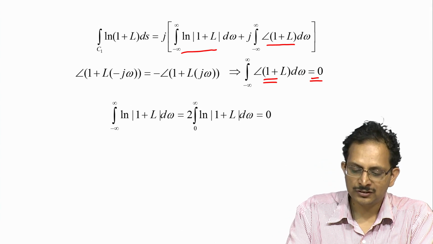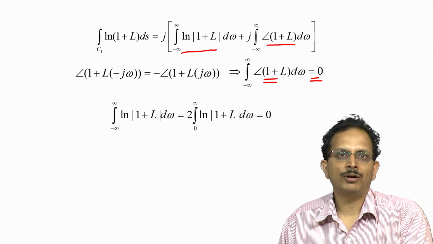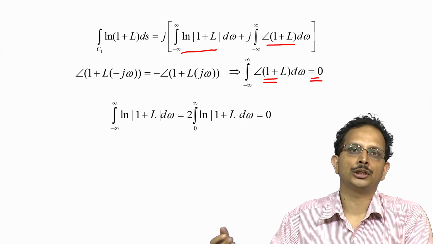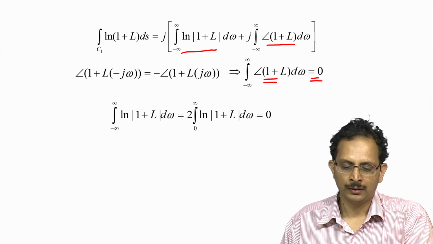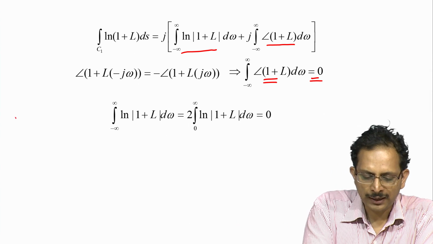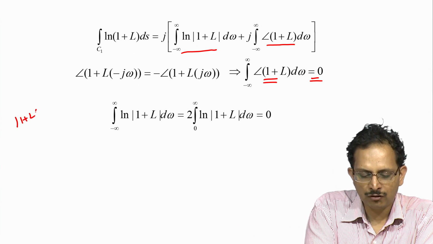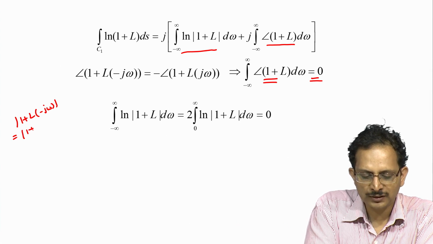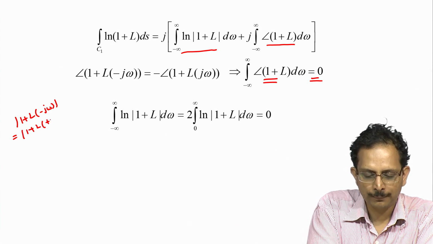And since the function magnitude of 1 plus L is an even function of omega, we would have that the magnitude of 1 plus L of minus j omega is equal to the magnitude of 1 plus L of plus j omega.